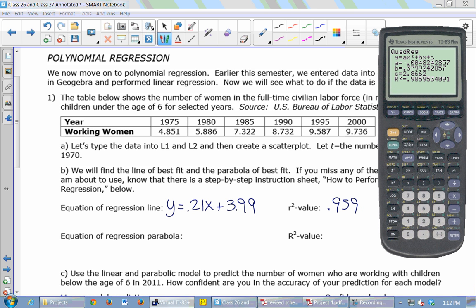And its equation is y equals negative 0.005 x squared plus 0.38x plus 2.87. Just rounding to a couple of digits here. And r squared is 0.986.